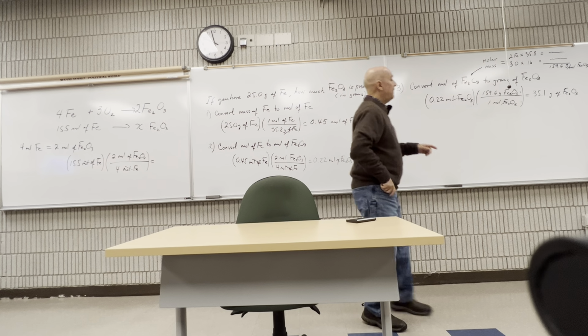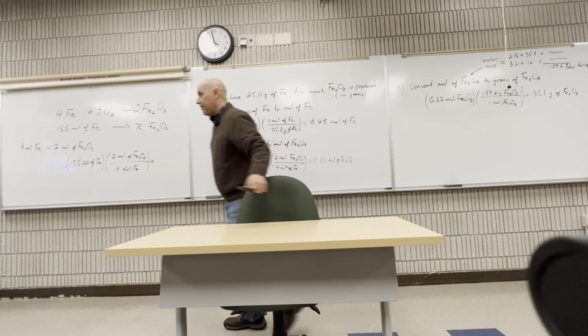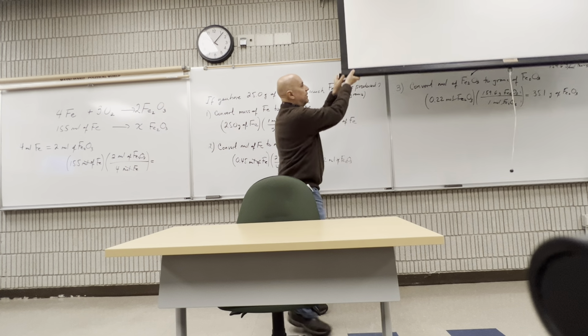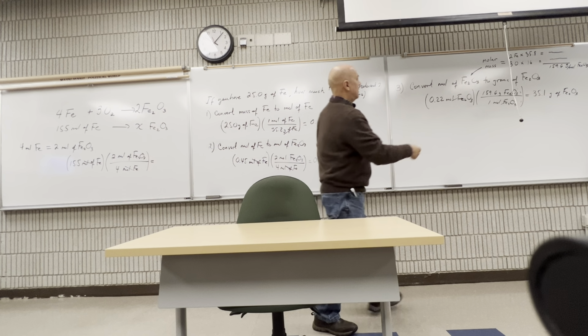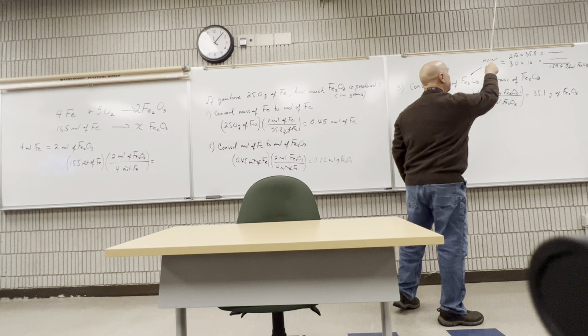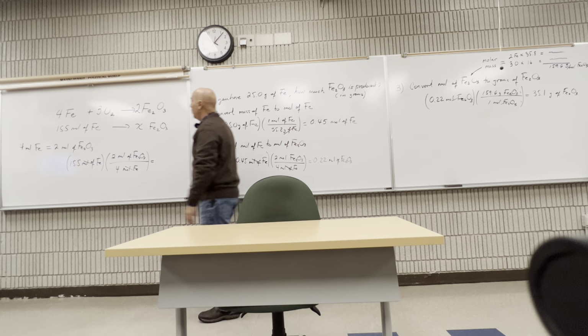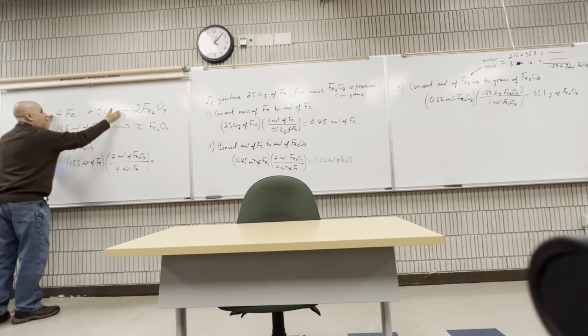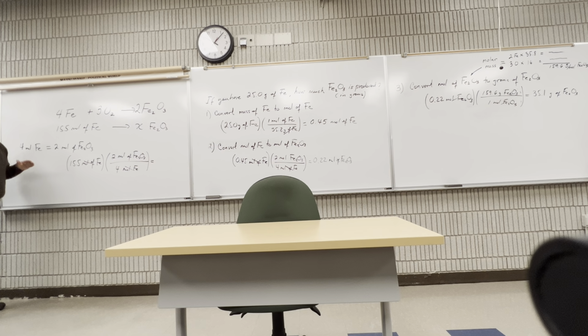Now, that's a little more spice to this whole thing. Because what do we know now? Well, we know that having a balanced stoichiometric equation, we can actually predict the number of moles of product if we start with certain moles of reactant.